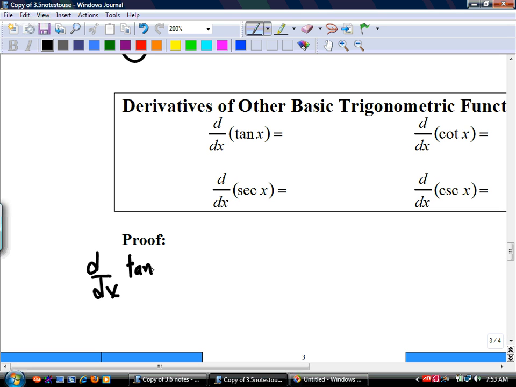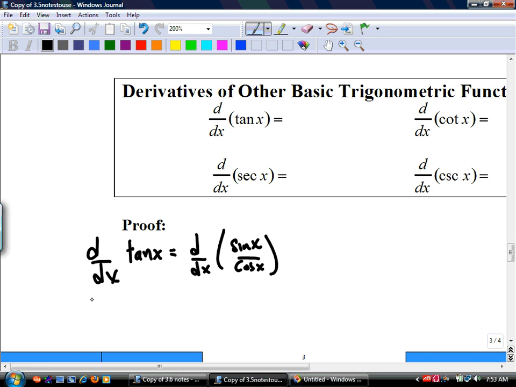So the derivative of tan x is equal to the derivative of sine x over cos x. What rule are we going to use? Quotient rule! Top is sine x. Derivative of the top is cos x. The bottom is cos x. The derivative of the bottom is negative sine x.